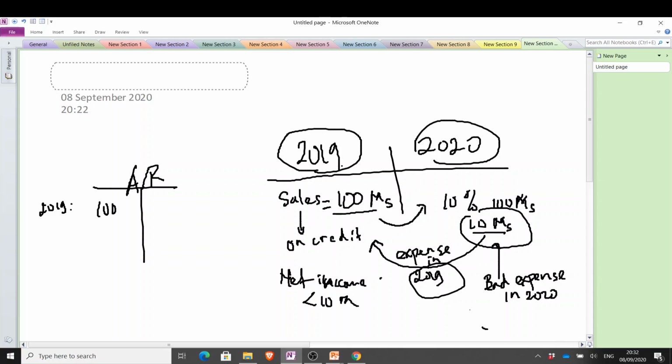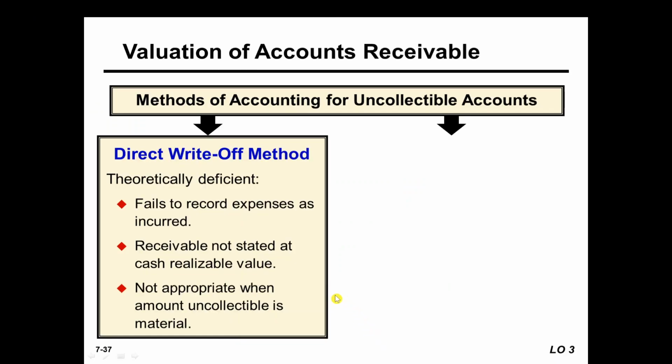But since we use the direct method, 2020's net income will be undervalued by 10 million rupees. So it is theoretically flawed if we use the direct method, because we fail to record expenses as they are incurred.